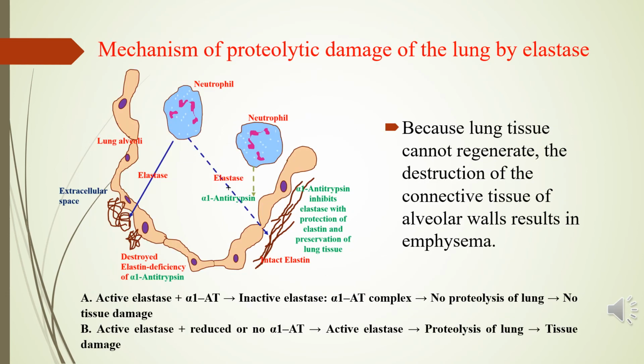To know how proteolytic damage of the lung occurs by elastase, we can check the figure to see what occurs in normal and in disease conditions. And as you see in the figure, during normal conditions, neutrophils release elastase, but with the presence of alpha-1 antitrypsin, elastin is protected with no damage to tissues.